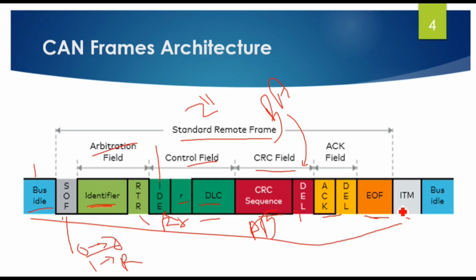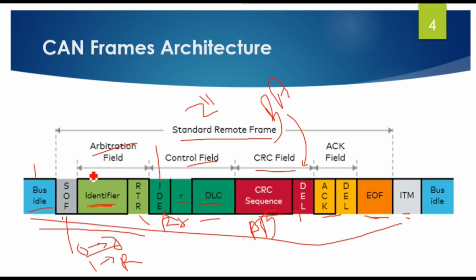Then ITM, inter transmission message, or interframe space, whatever you want to call it. The end of frame is followed by 3 bits of interframe space. These 3 bits signify the end of the frame and the bus returning to the idle state.